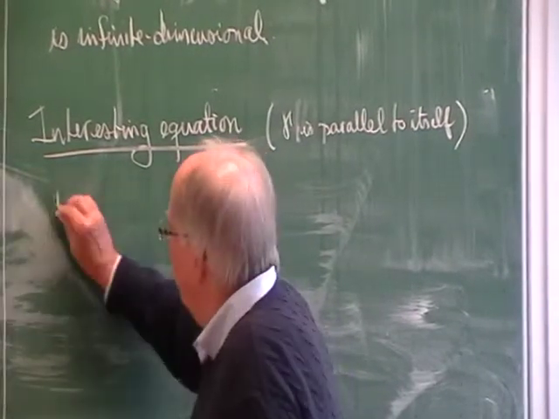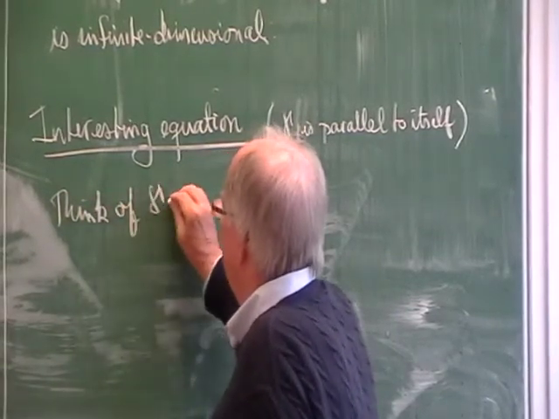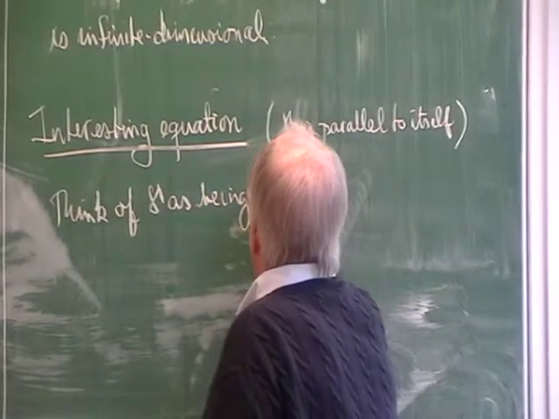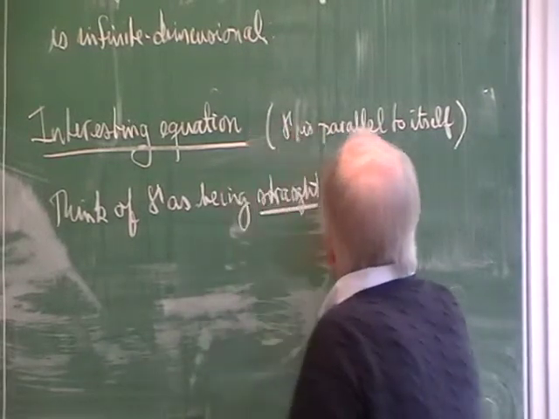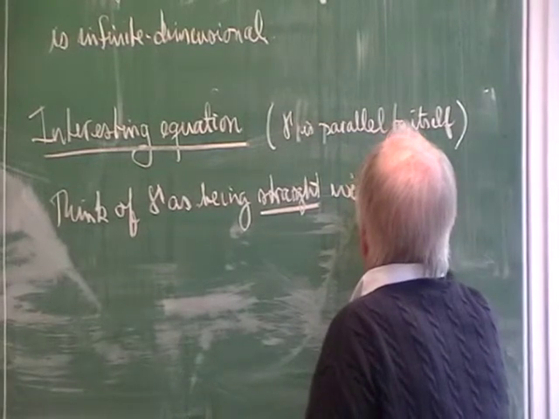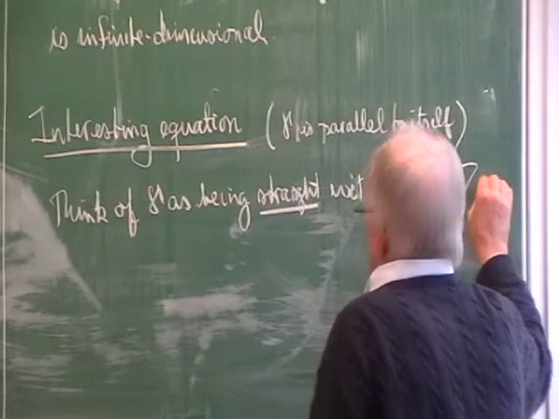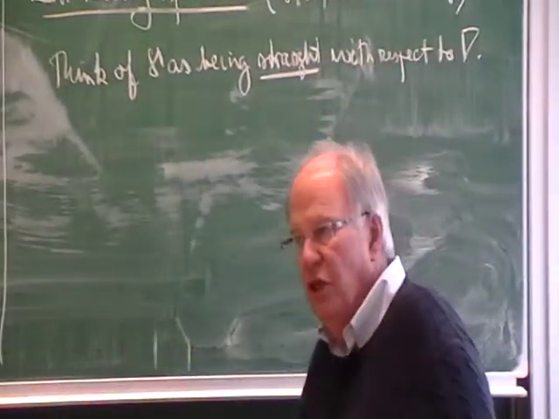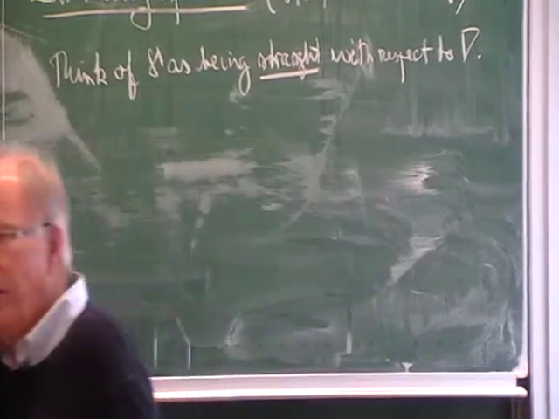You should think of gamma as being straight, of course with respect to the connection. Because it moves, it doesn't change with respect to the connection. With respect to parallel transport, it doesn't change.